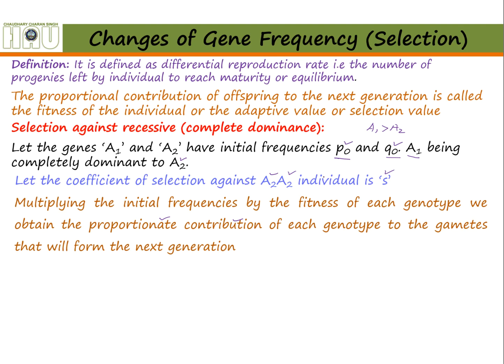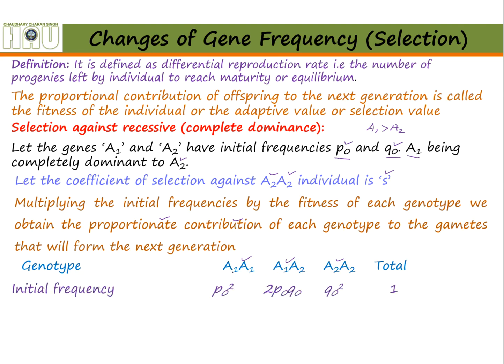I am considering the two alleles A1 and A2. The possible genotypes we will get are A1A1, A1A2, and A2A2. A1A1 is homozygous dominant, A1A2 is heterozygous, and A2A2 is homozygous recessive.